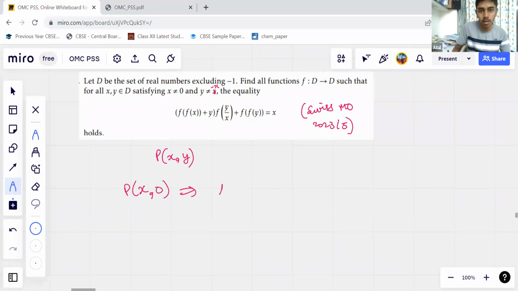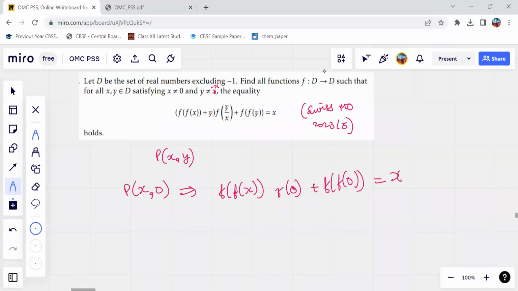So let's look at this. It means f of x times f of 0 plus f of 0 equals x. Wow. So it's surjective for starters, I guess. Unless f of 0 is 0.